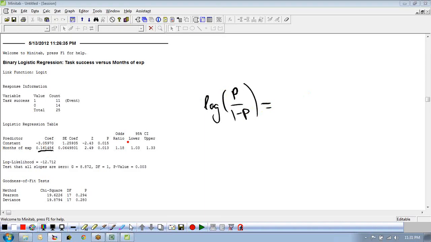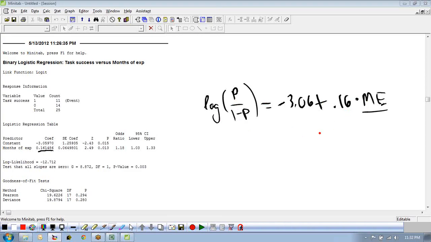It is equal to, and I'll write it down, minus 3.06 plus 0.16 times ME. ME is the months of experience, right? So this says that for every month of experience, I increase that log odds by 0.16.